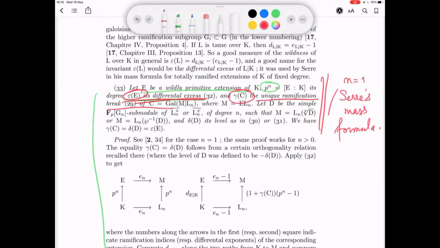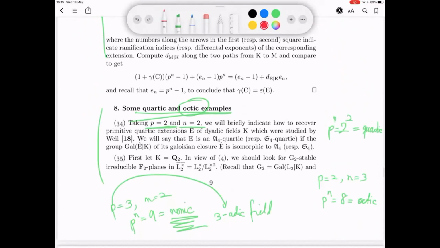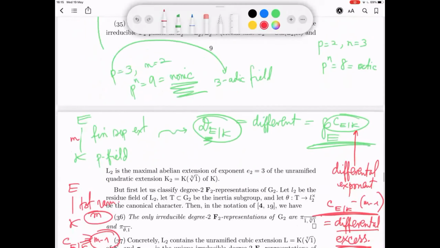So this is a direct generalization from the case n equal to 1 to an arbitrary n. Okay, so that's the other remark.